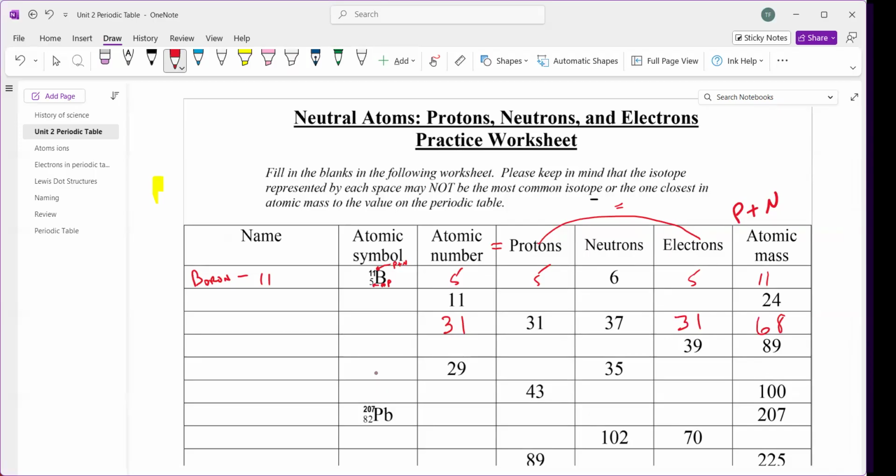What is the atomic symbol for 31? Find it on the periodic table. Gallium. So gallium is going to be 31 on the bottom, 68 on top. That'd be gallium 68.